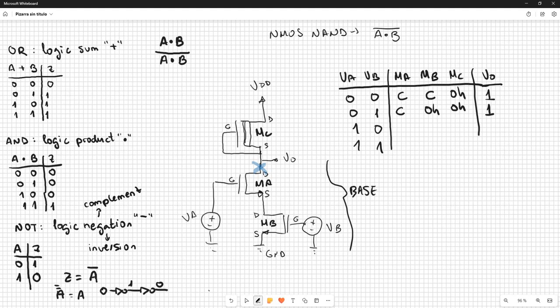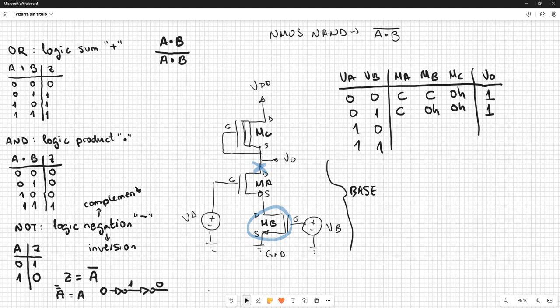It doesn't matter what the state, what the operation of the B transistor is, because the base part is cut, is open. The circuit is separated from the load part. What the transistor in the load, what the NC transistor sees, is that the base part is cut, okay? Because the branch is broken.